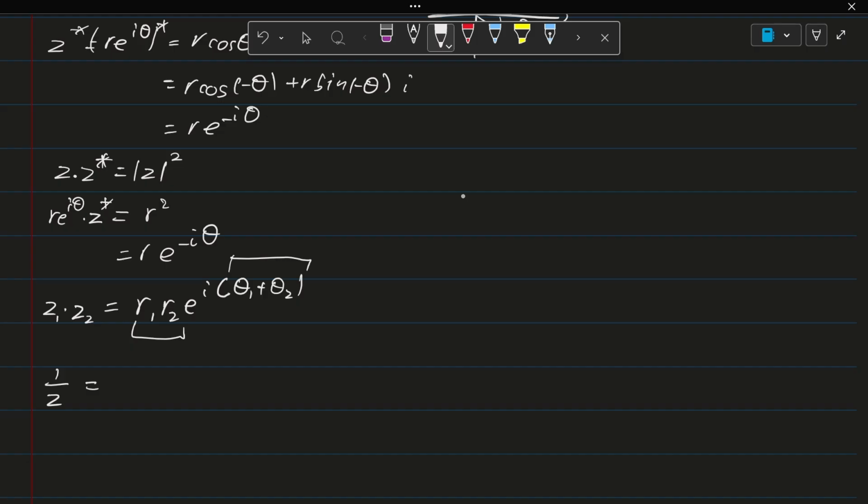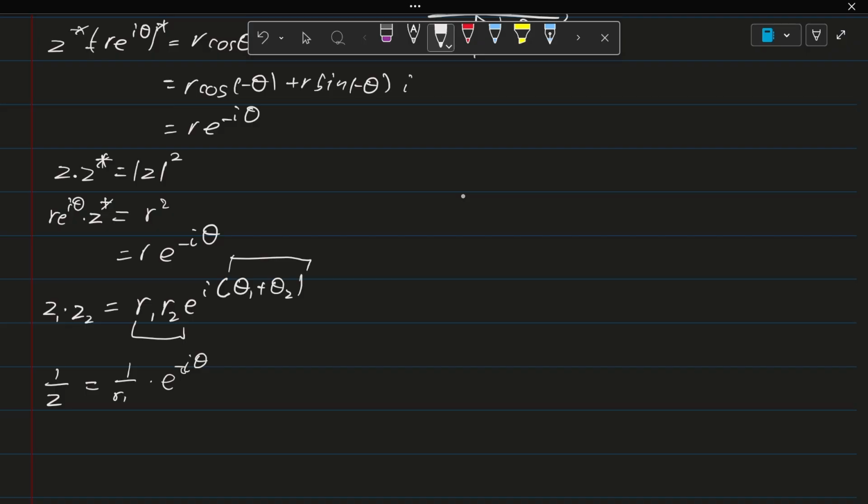This only corresponds to 1 over r multiplied by e to the power negative i theta. So you're just changing your phase to the negative, so you're reflecting it, and then you take the reciprocal of the length. So it's pretty useful for you to write complex numbers in their polar form.